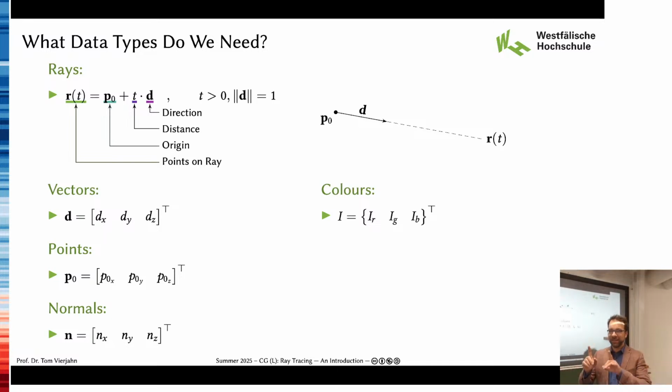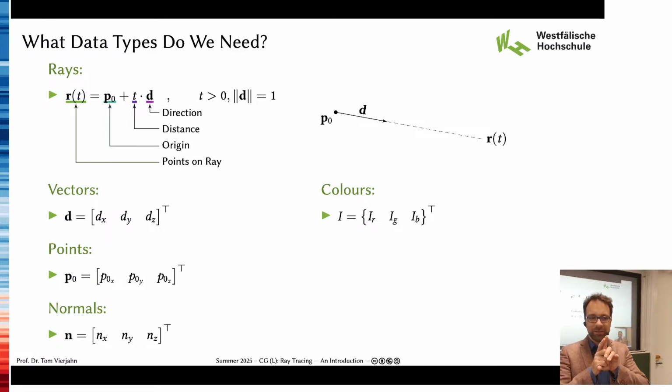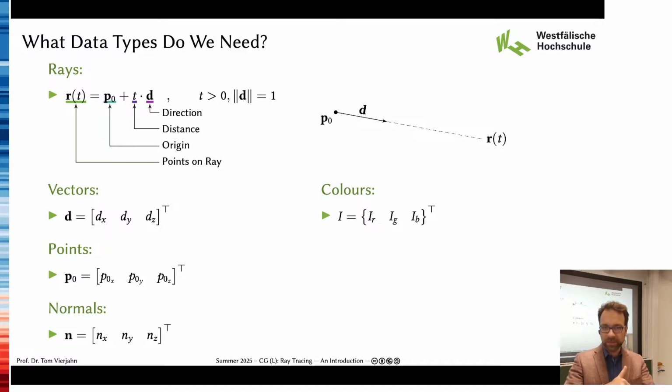Yes, that is the important part. Normals are the vectors that are orthogonal to the surface they belong to. They define the orientation of the surface as defined by the normal. We just have the line or the ray equation on this slide, in a way, the parametric line equation.